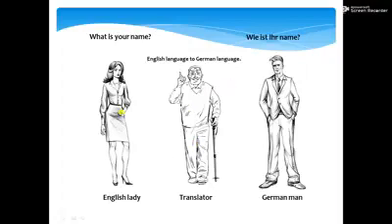Here you can see the English lady who wants to communicate with the German man, but she doesn't know German, and the German person doesn't know English. So they both want a person who knows both languages to help them communicate and translate.